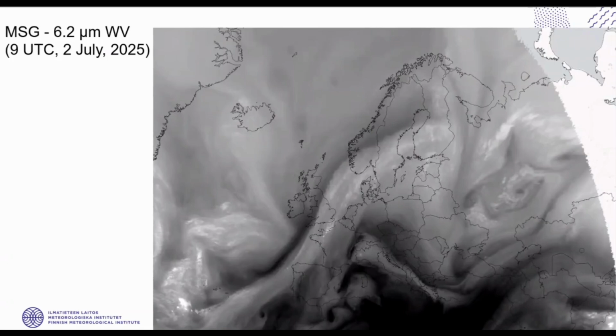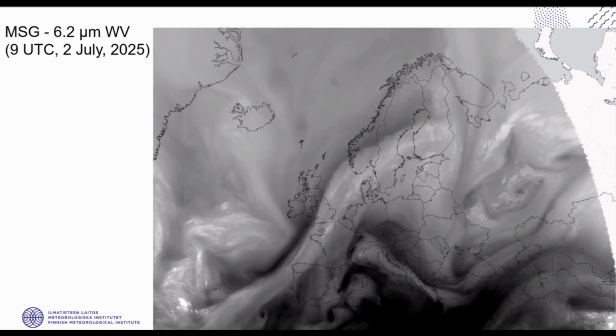And then we have more drier air here in the southern part of Europe, with some places with some moist air. And then it looks like we have a low pressure, yes, low pressure here in the western part of Russia as well.